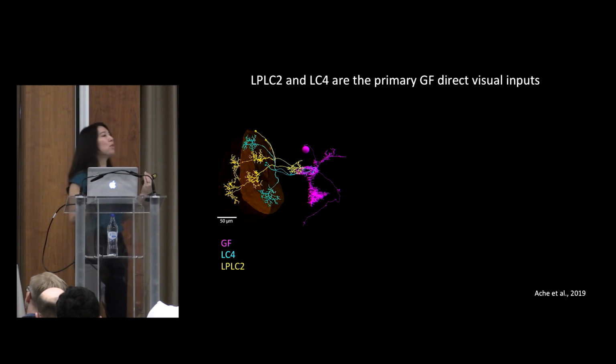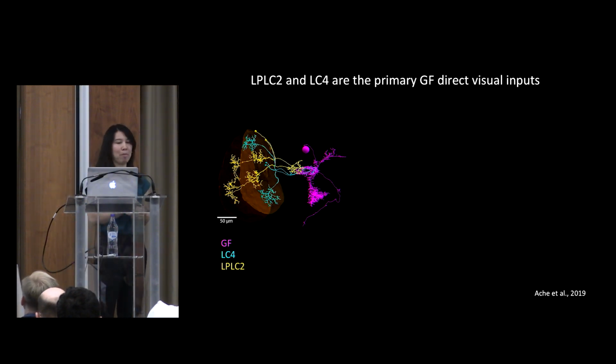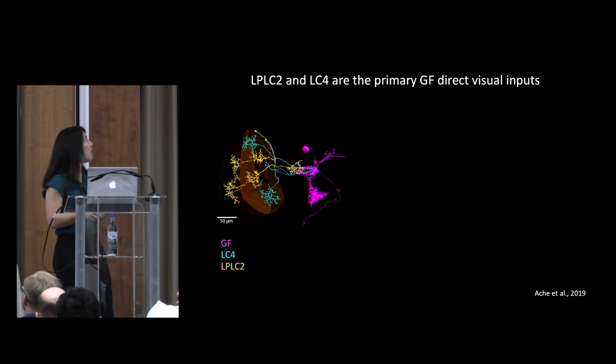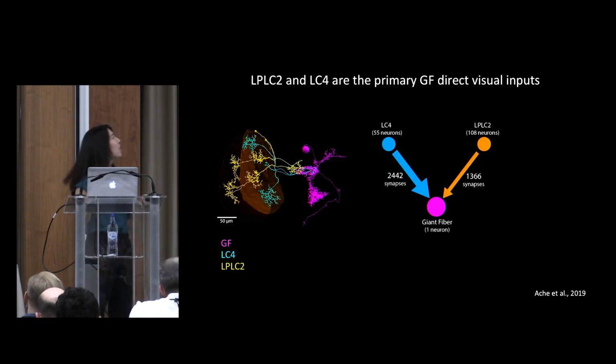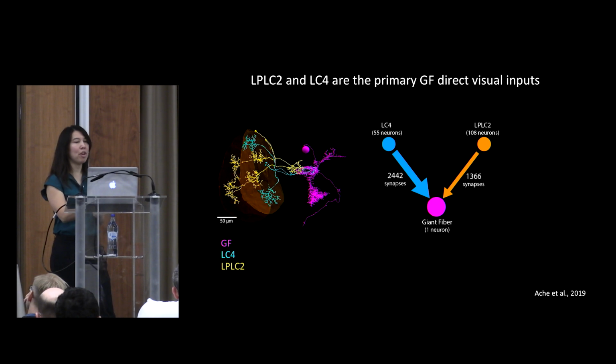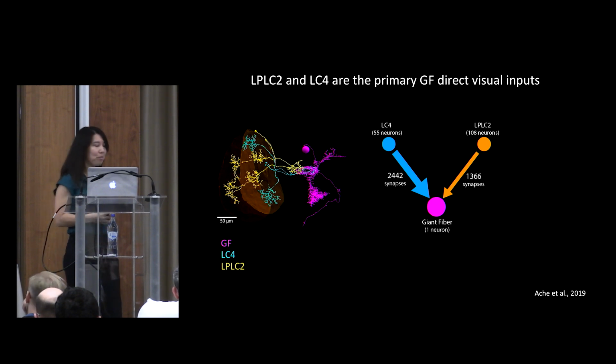Okay, so to return to our question of what is setting the spike timing of the giant fiber. You just saw that the giant fiber gets input from two visual projection neuron types, one of which, LPLC2, is in yellow. In fact, LPLC2 makes about 1,300 synapses, across its population, onto the giant fiber, whereas a second visual projection neuron type, LC4, makes even more, 2,442.